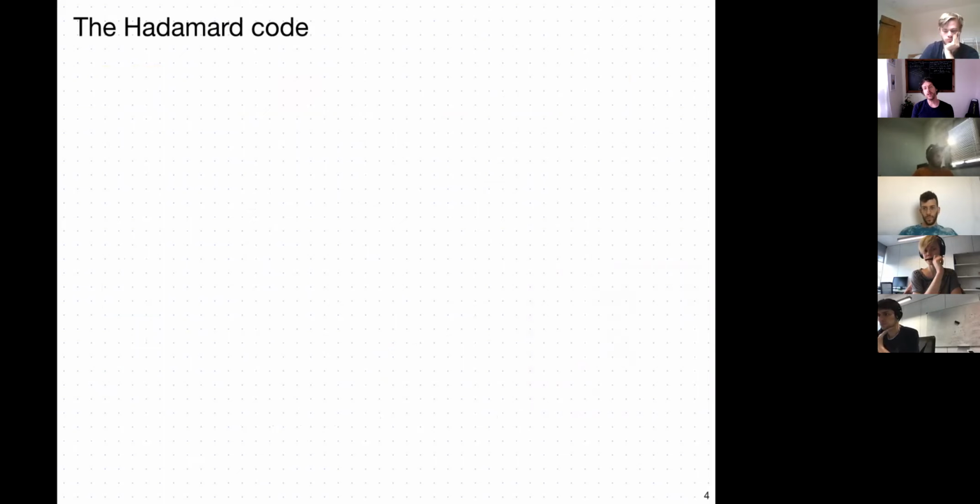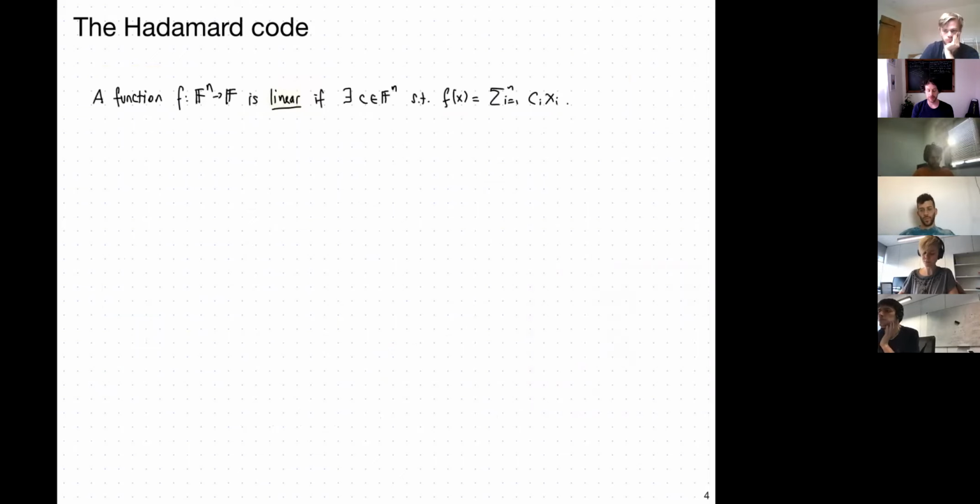So I want to start with not exactly a reminder, but rather reframing what we've already done in terms of the Hadamard code. So, we said that a function over a finite field in n variables is linear if you can just write it as a linear combination of its variables.